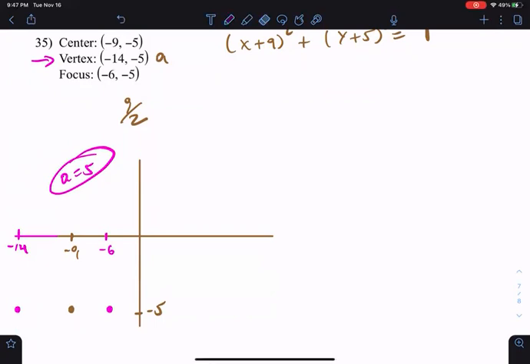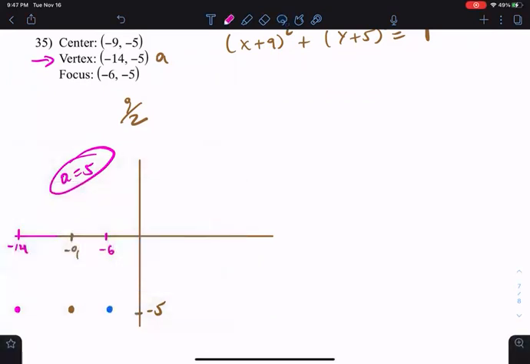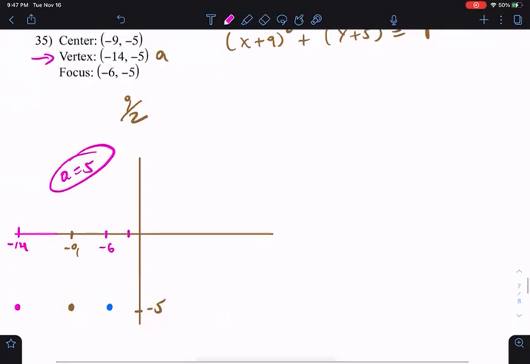And this is the, let me put the point in a different color, this is the focus, I'm sorry. And if you recall, the distance from -9 to -14 is 5. So from -9, if you add 5 units, that would be -4, right?